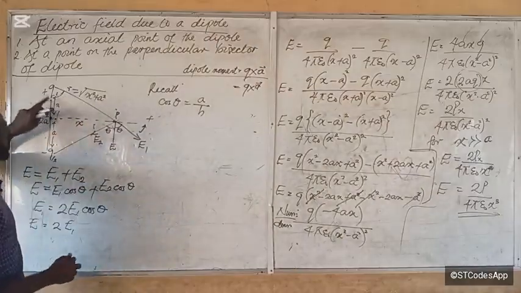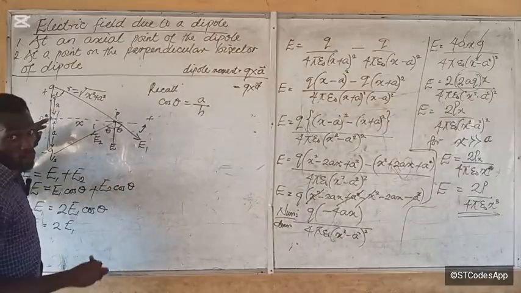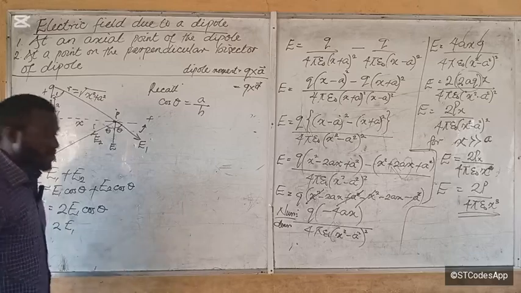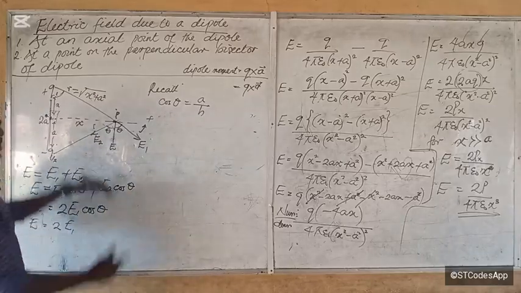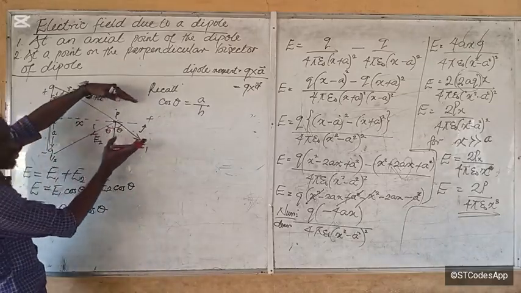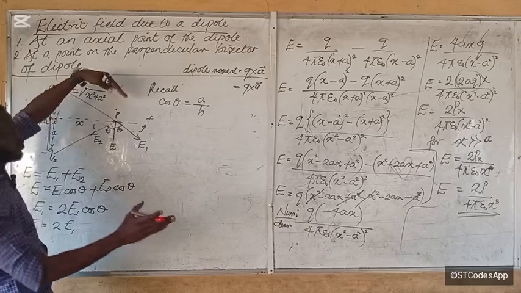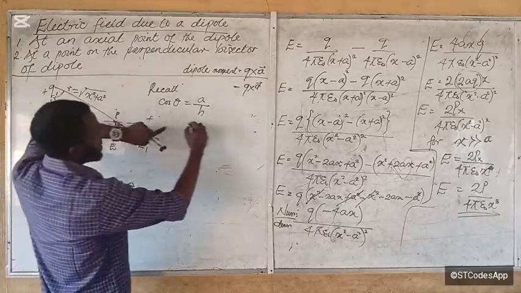The adjacent is with respect to this angle, because the angle is going to change as this distance is moving.